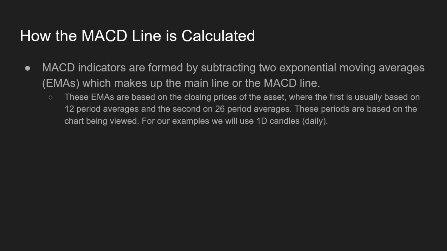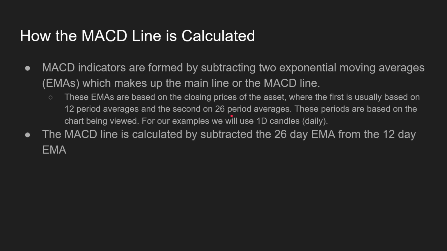For our examples, we'll just think of each candle as a daily candle. We're looking at the daily chart. So in this particular instance, we're considering the past 12 daily closes and their averages, and the second would be 26 period averages. So we would consider 26 days worth of closing averages.